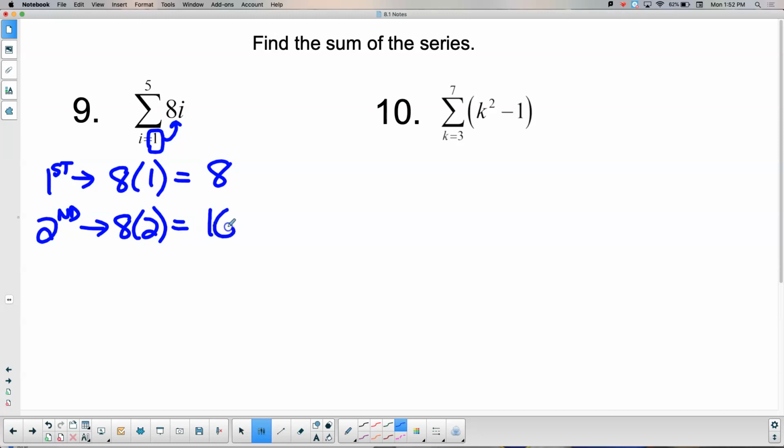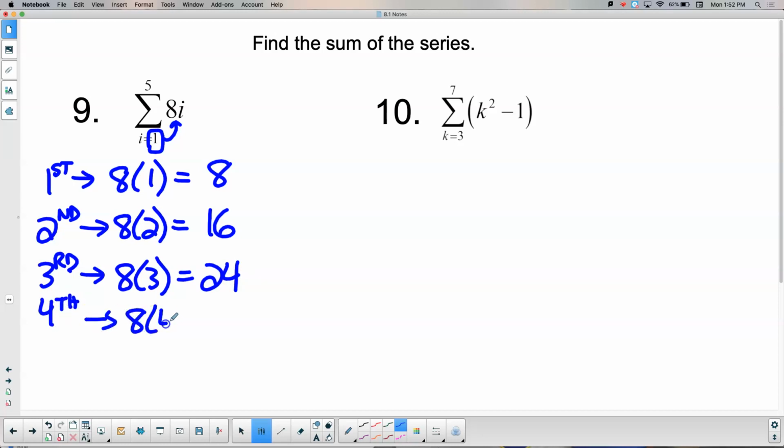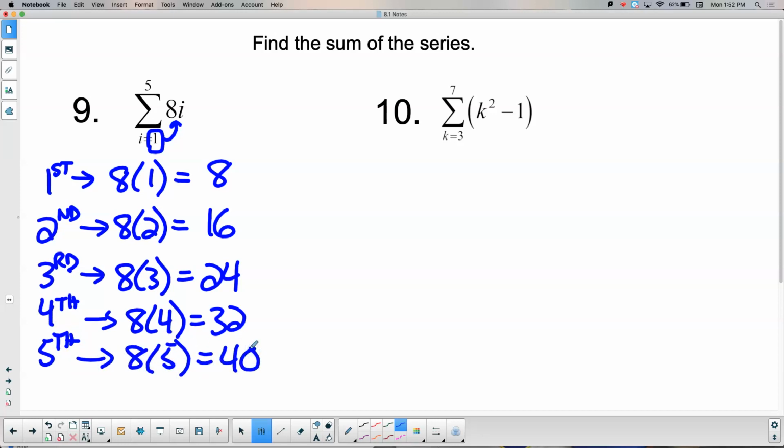I get 16. I'm going to find my third term. 8 times 3, 24. My fourth term, 8 times 4, which is 32. My fifth term is going to be 8 times 5, which is 40. Do I need to find my sixth term? Why not? 5 signifies where I stop, right?